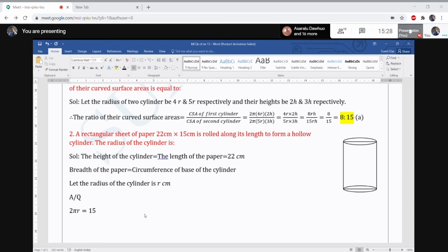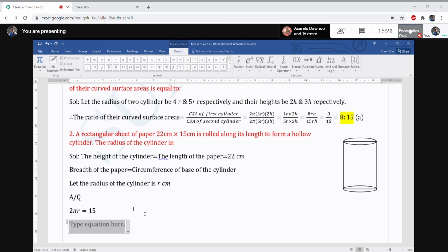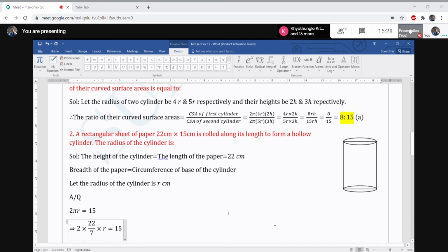If you simplify, it will be 2 multiplied by 22 by 7 into r equal to 15.